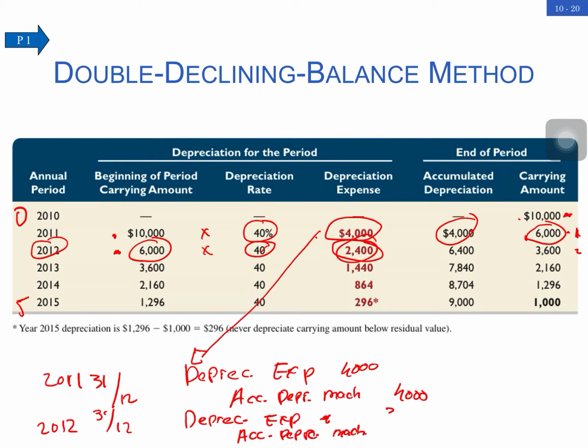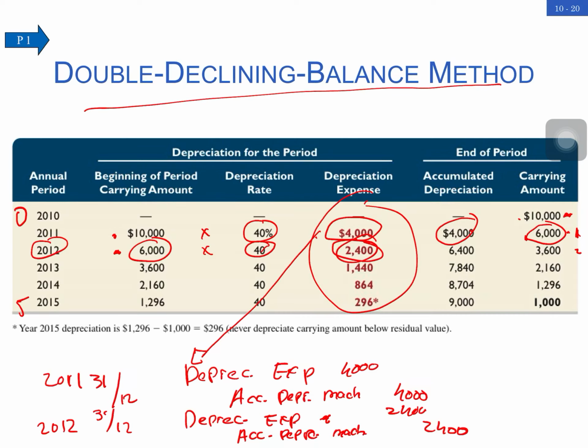For 2,400. You record 2,400. Okay. So if you use double declining balance, the depreciation expense will be, firstly, very big, 4,000. But year by year, the depreciation expense becomes smaller. Okay.